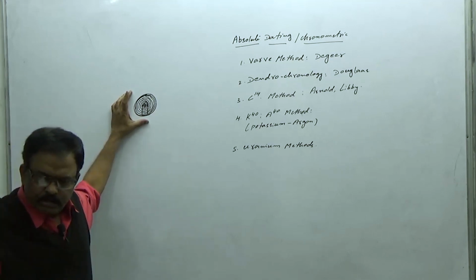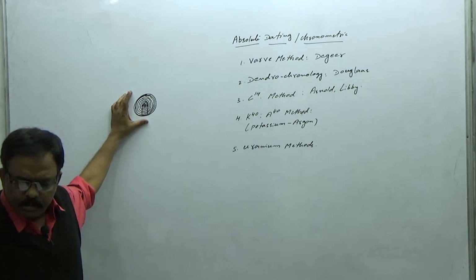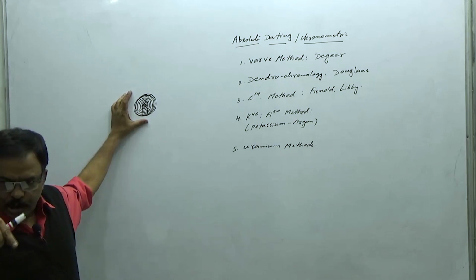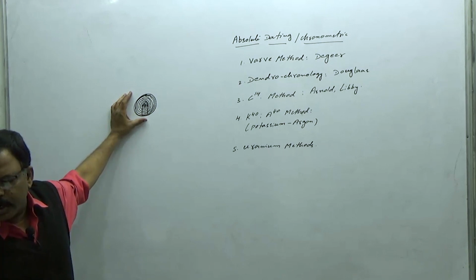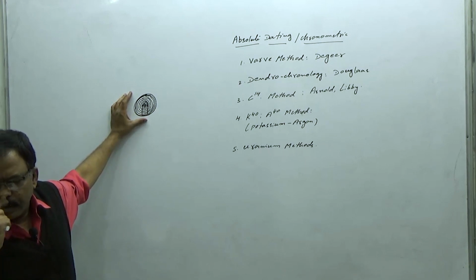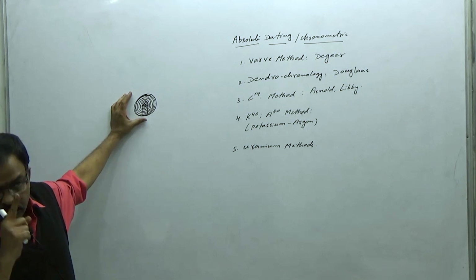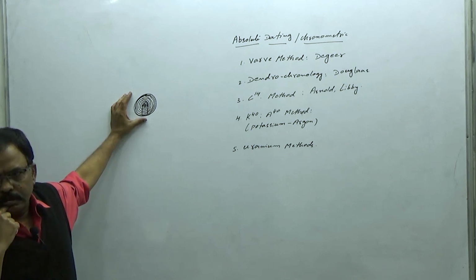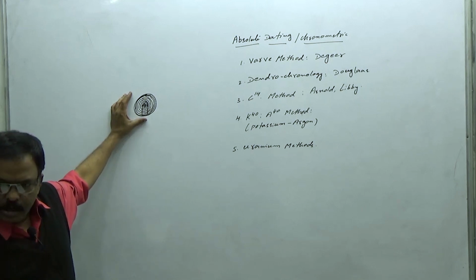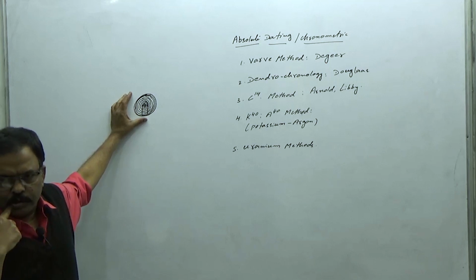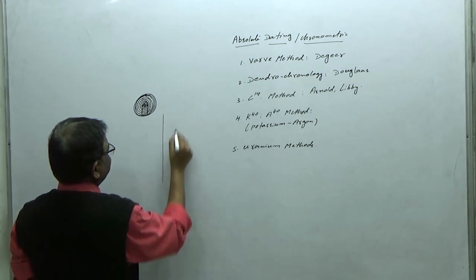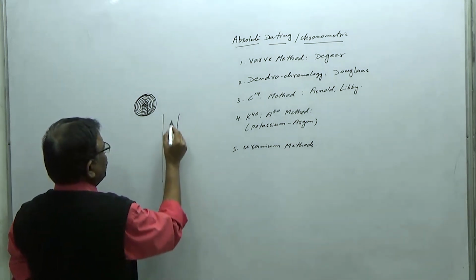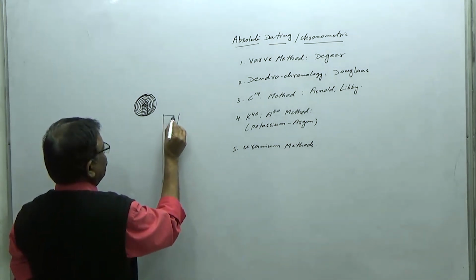Then they cut it. Then they analyze the annual rings from inside to outside. Why inside to outside? The inner is a fresh ring, the outer ring is an old one. See, they analyze this. This ring may be a straight line.